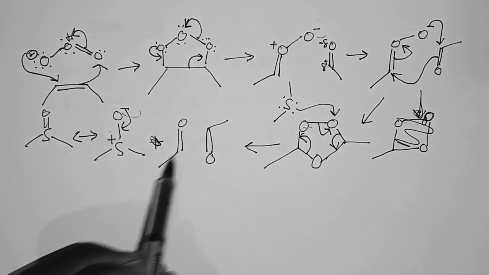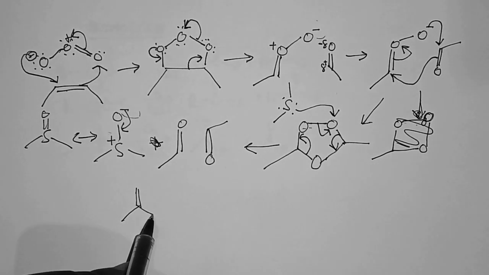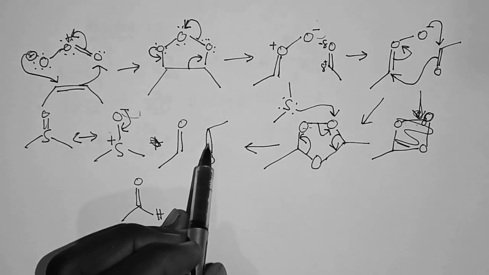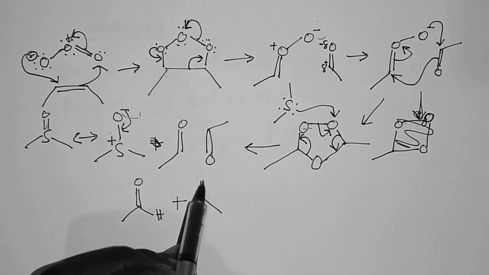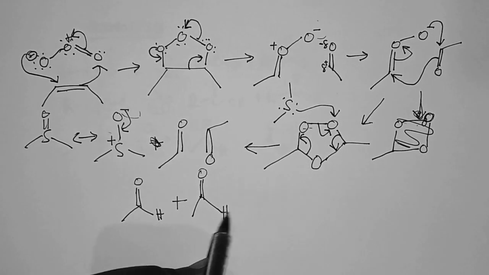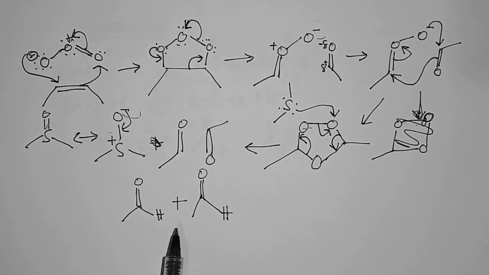And if I redraw these molecules well, you see that this one looks like this, and then this one too looks like this. So these are the end products of our reaction. And that is how the mechanism for ozonolysis in alkenes occurs.